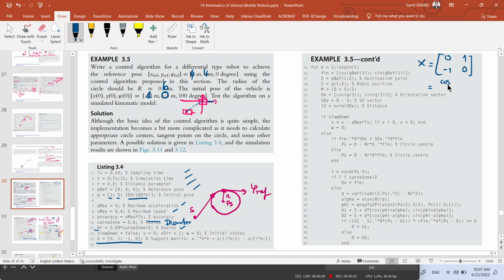Because I can rewrite this as cosine of minus pi over 2, minus sine of minus pi over 2, and here sine of minus pi over 2, and here cosine of minus pi over 2. Okay, so we can see that it actually is a rotation matrix by 90 degree.